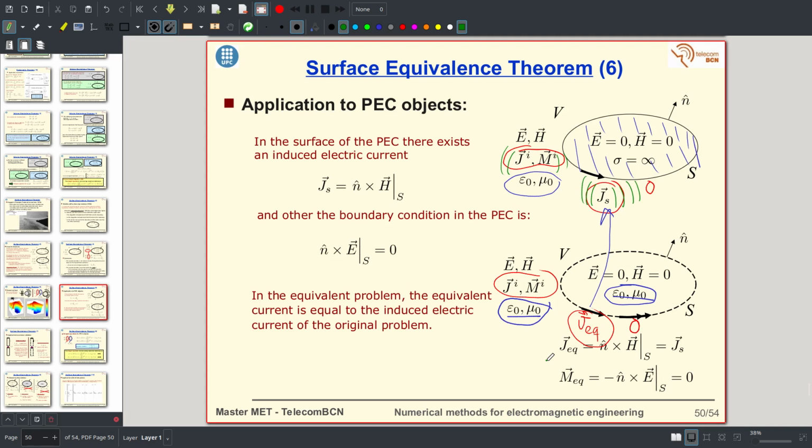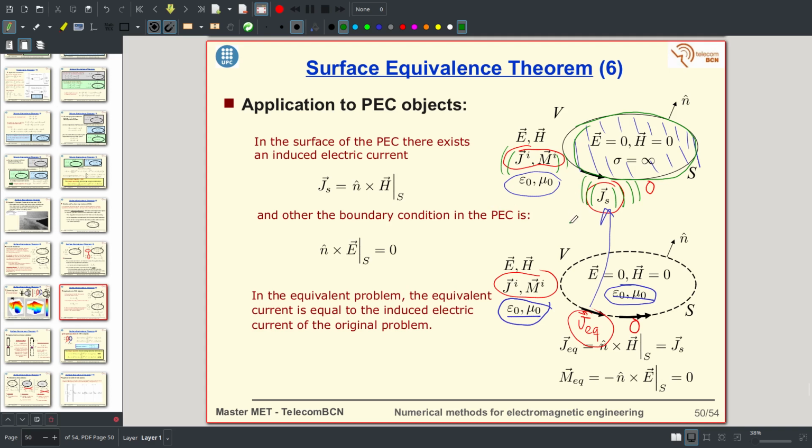So often, when we have to compute, for example, the radiation, imagine that this object is an antenna, and we compute the radiation of the currents in the antenna. We compute it in free space, and we cannot do that in the original problem.